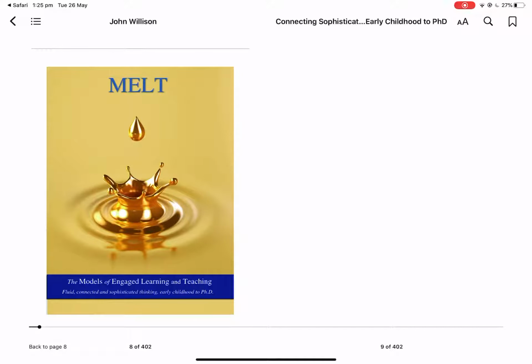So this is my preferred cover. This is the one I want to use. We've been using this logo for a couple of years because it captures the idea of MELT. And MELT, Models of Engaged Learning and Teaching, was a fortunate and accidental acronym, because the idea of fluidity is very important here. Like taking solid structures, like those rubrics I showed you that we've used, but defrosting them with the warmth of human conversation so they flow, so that in that fluidity they take on a new shape in your contexts and other contexts, and then become rigid again, ready for use.